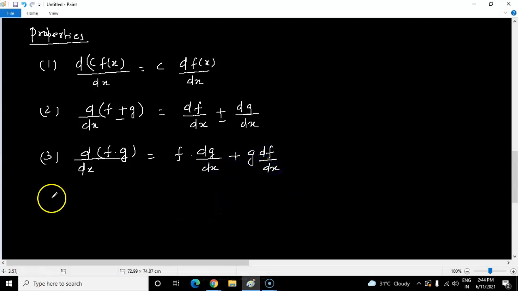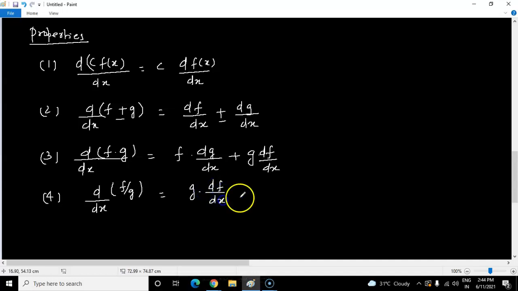The last one is the quotient rule, when f by g is given: g into d of f by dx minus f into d of g by dx, divided by g square. These are the four properties for algebraic forms.